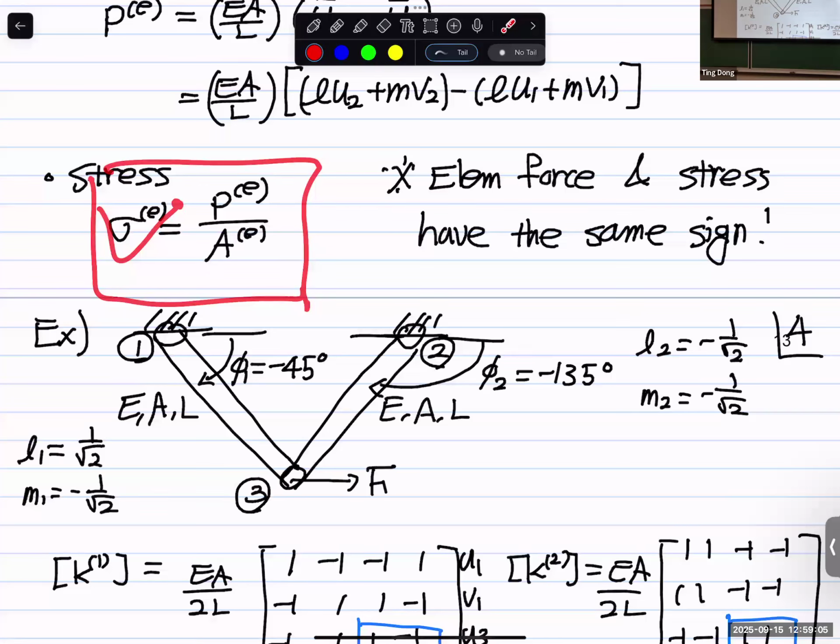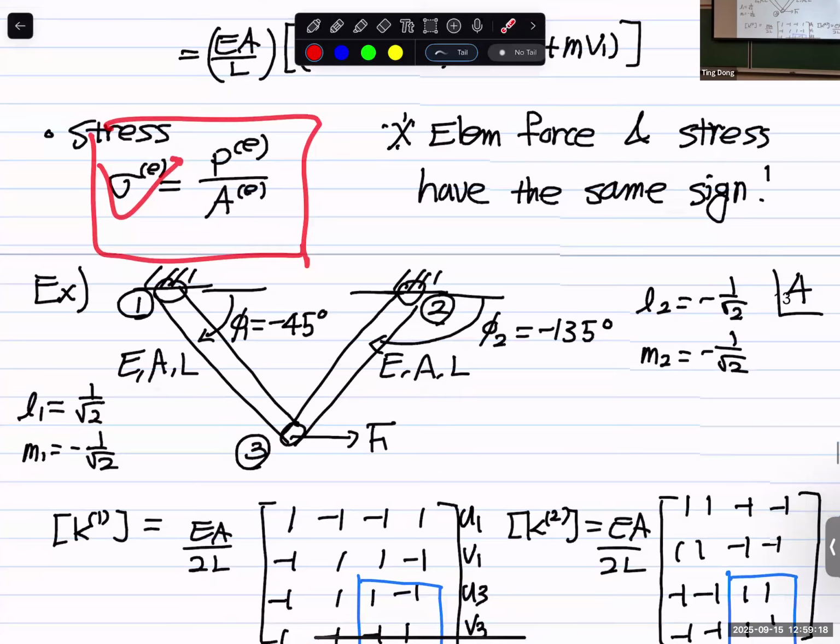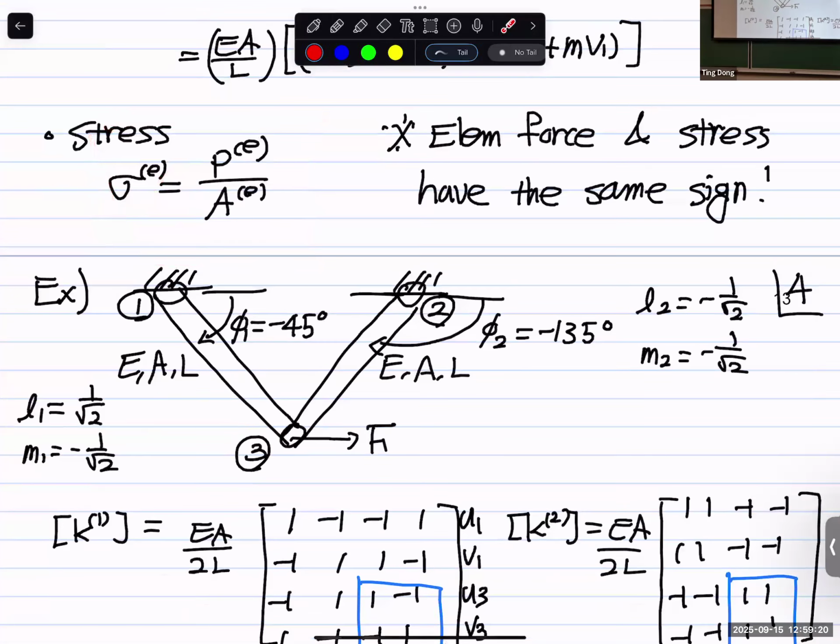Anything higher than this, no. It's the integration of stress over the cross-section area equal to the corresponding internal force. It can be the moment, or the internal shear force. And of course, the element force or internal force has the same sign as the stress.